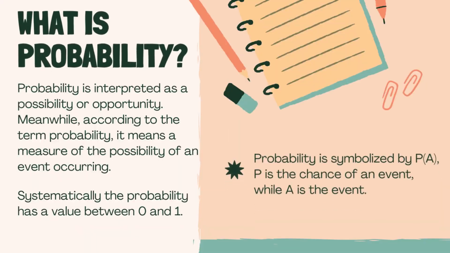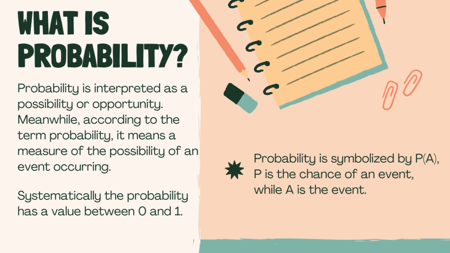What is probability? Probability is interpreted as a possibility or opportunity. Meanwhile, according to the term, probability means a measure of the possibility of an event occurring. Systematically, the probability has a value between 0 and 1.